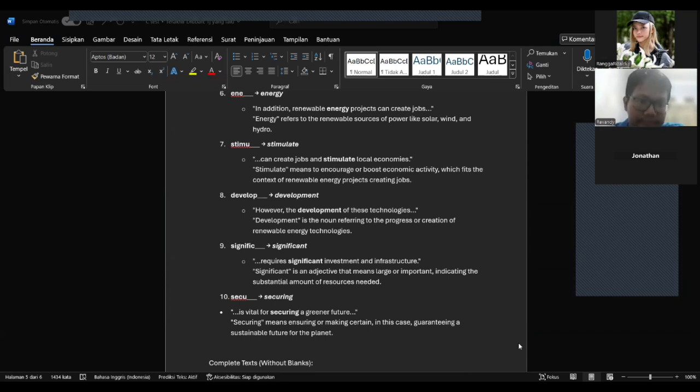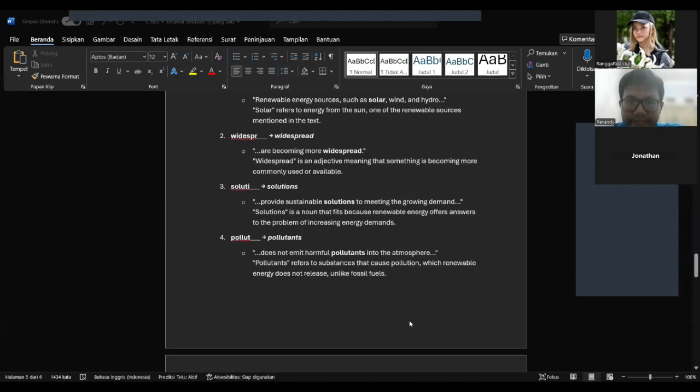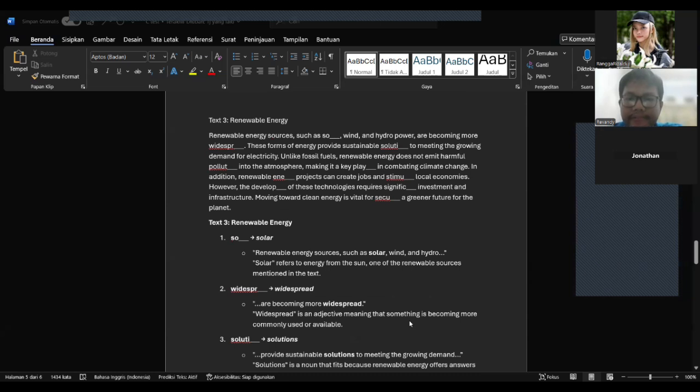And the last is "securing." In this phrase, the word "securing" means ensuring or making certain, in this case, guaranteeing a sustainable future for the planet. So now I will explain how the test will be scored.